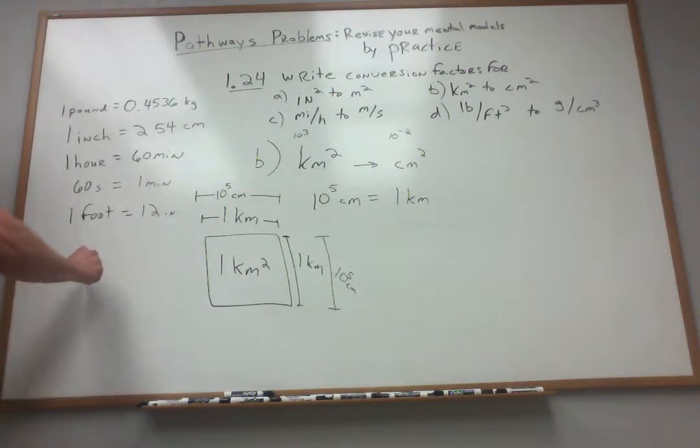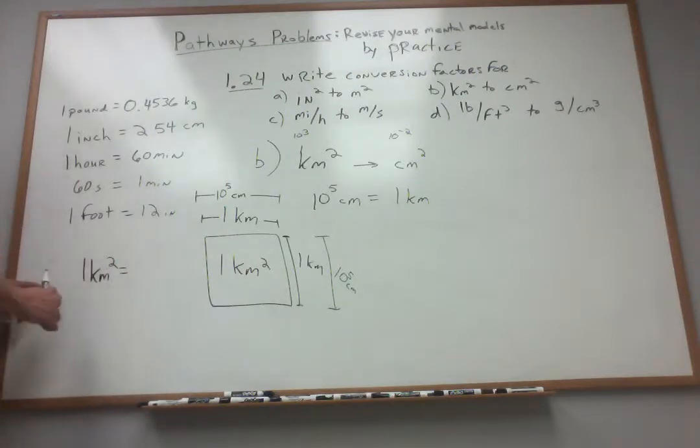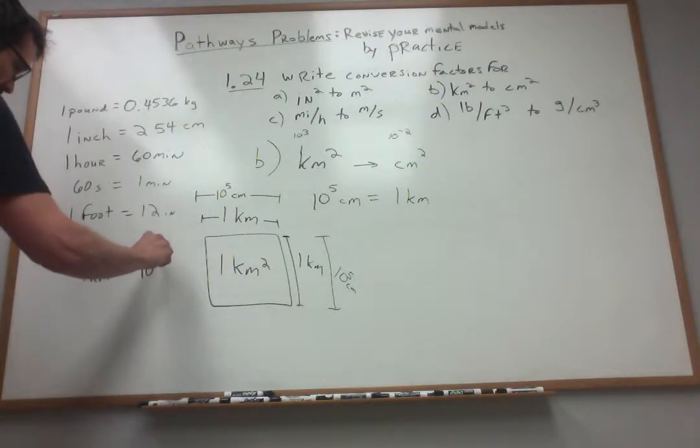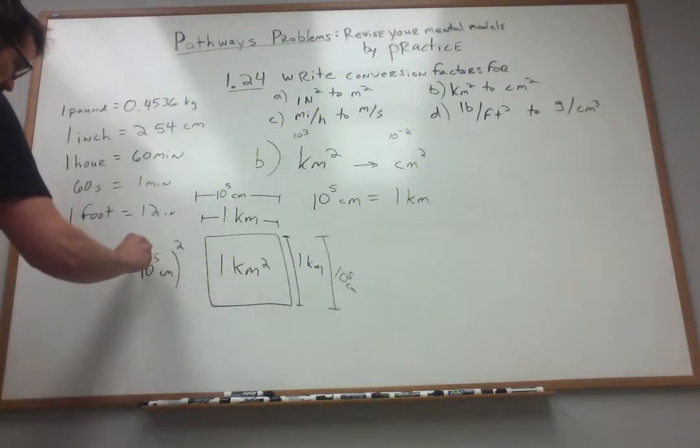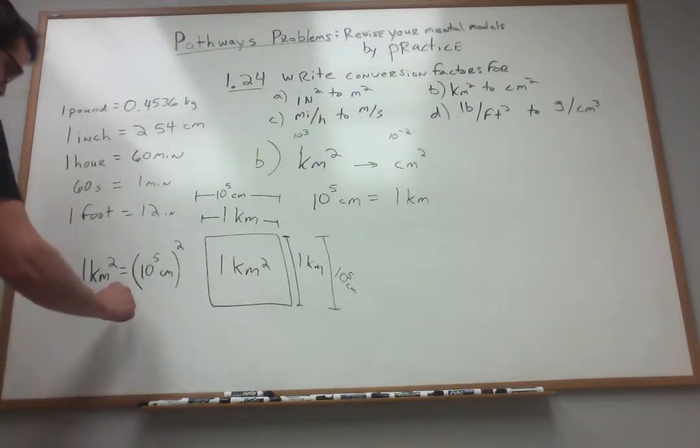And when we realize this, we can quickly see that 1 square kilometer is 10 to the 5th centimeter squared times itself.